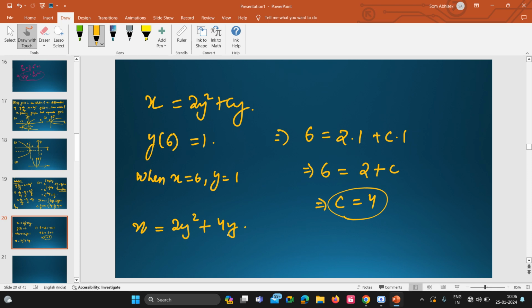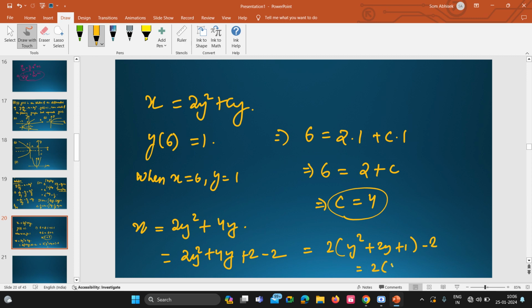Now what can we do here? See, I can write this equation as 2y square plus 4y plus 2 minus 2. I can do it as 2 whole into y square plus 2y plus 1 minus 2.